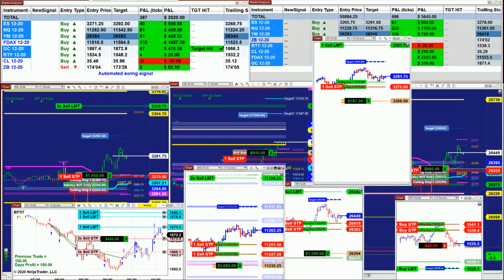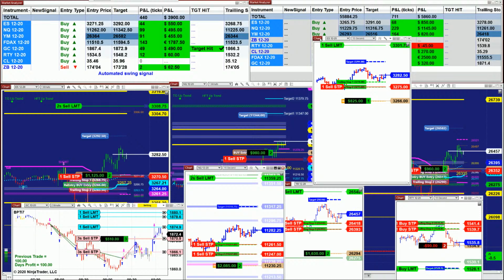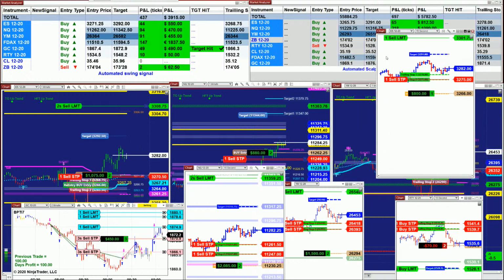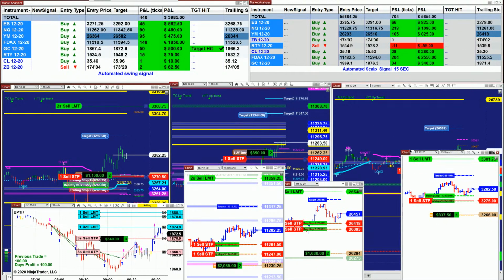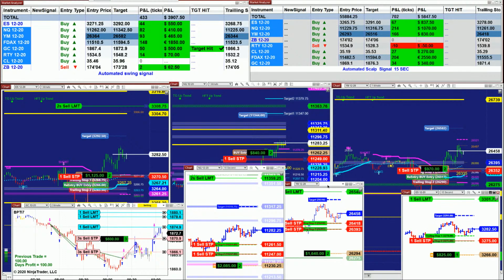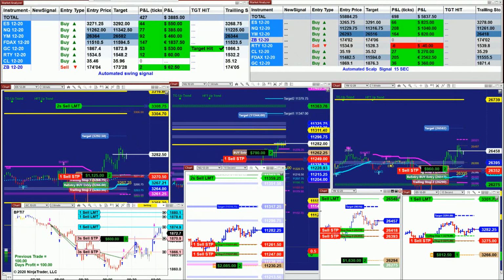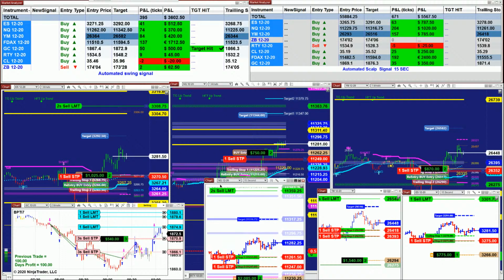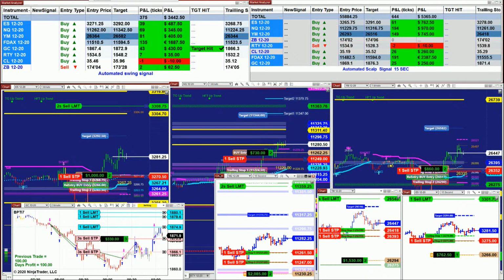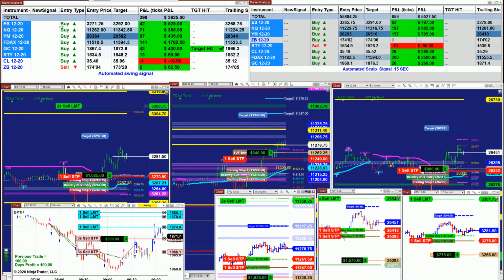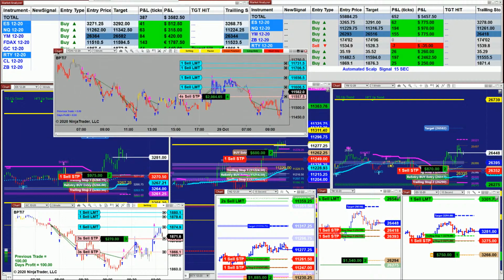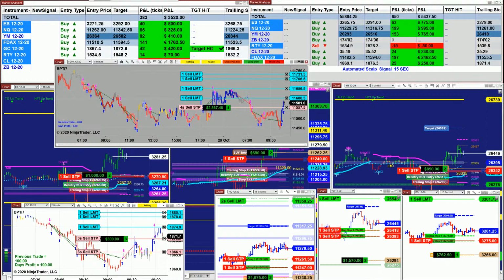Oh, here it is. I've been looking for it. Again, the white chart. Here they are, the scalper, and the gold is on the TI7. And we have the DAX on the TI7 as well.